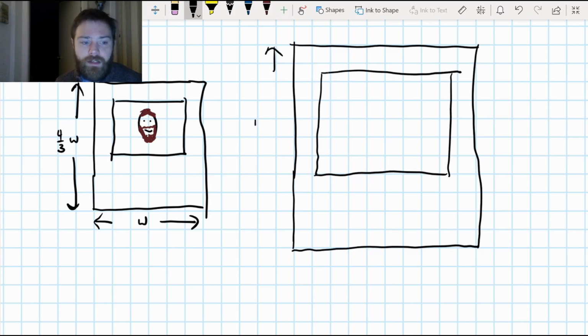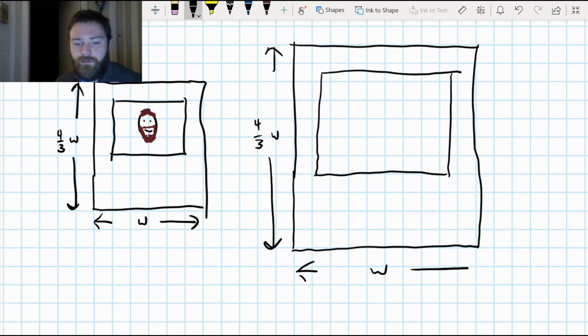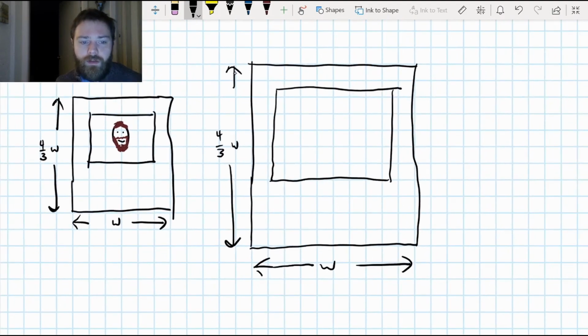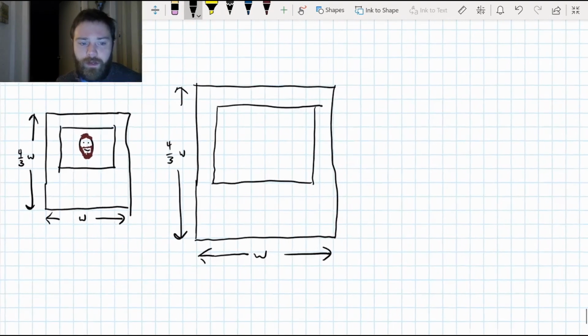So this height is 4/3 the width, and here's the width. The dimensions were enlarged, but the ratio between the two is the same. So if this is the new width, then this height is still 4/3 the width, okay?